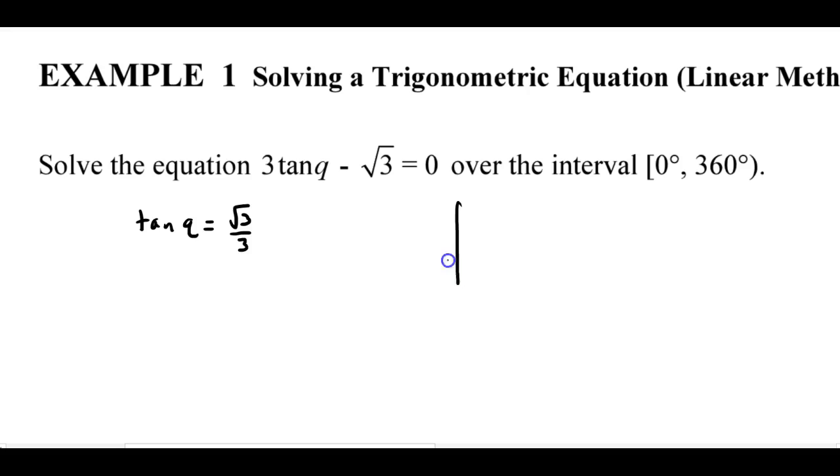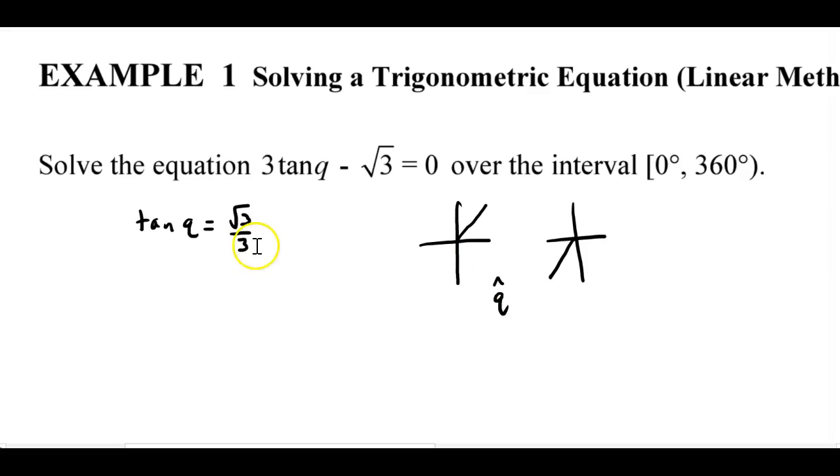In that case, we can use All Students Take Calculus and recall that all the trig functions are positive in quadrant 1, so q can be in 1, and tangent's also positive in quadrant 3. The next thing we do is find the reference angle for q.